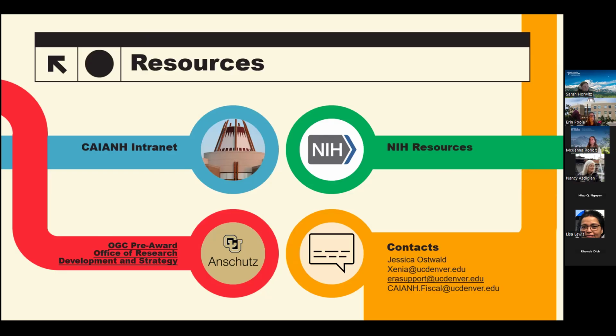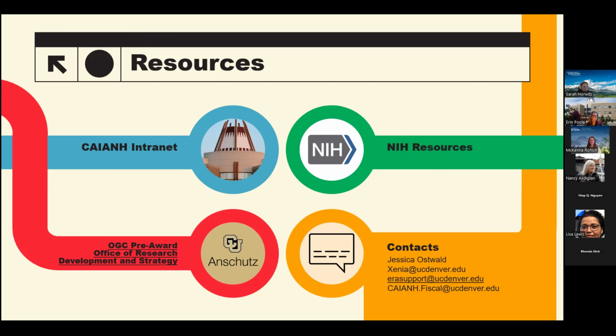There you'll find NIH resources as well as OGC resources and guidelines for proposal components. OGC will assist with the routing in the proposal, and at OGC, Jessica Ostwald is our pre-award contact. And just note that ERA support helps immediately.